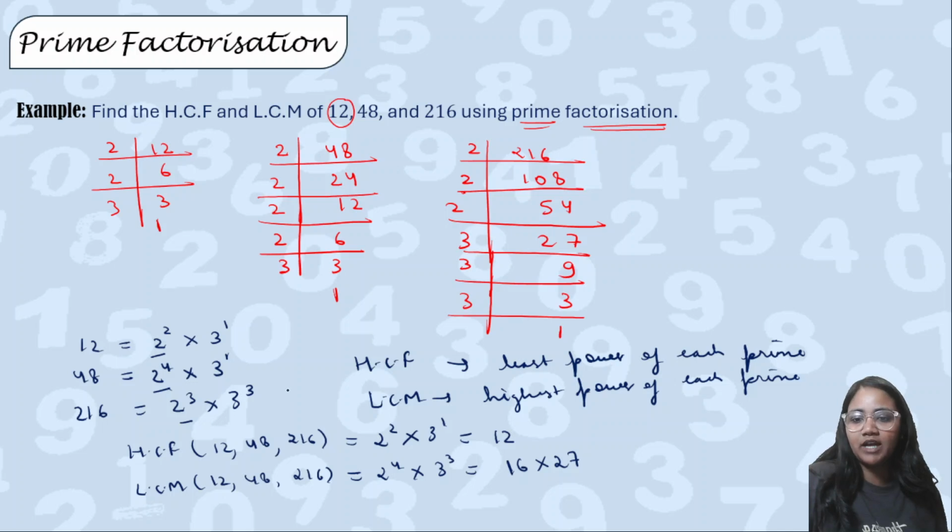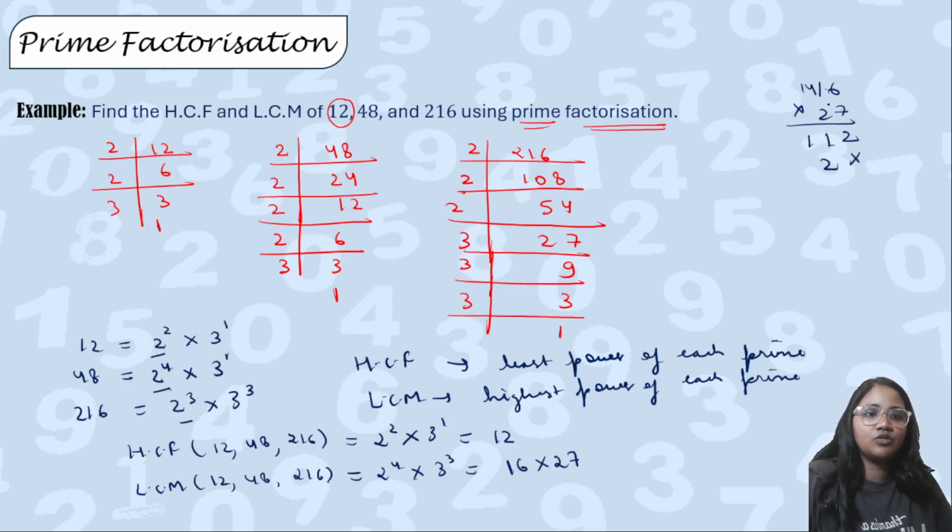Highest power of 2 and highest power of 3. 16 times 27. Let's calculate. 7 times 6 is 42. 7 times 1 is 7. 2 times 6 is 12. 432. So the LCM is 432.